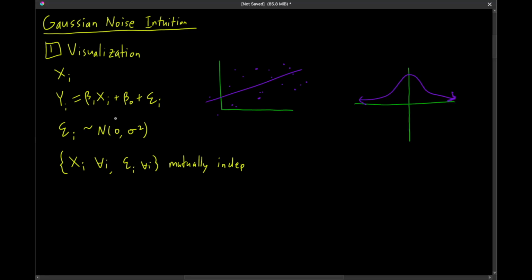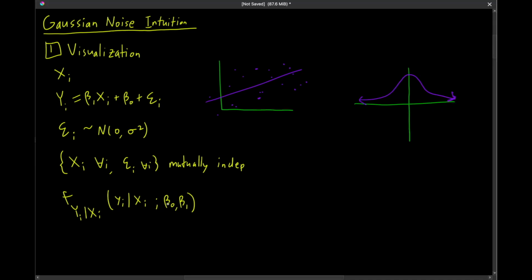Now remember from probability that if you have a random variable and add a constant to it, the distribution gets shifted by that constant. So if we think about the PDF of yi given xi, and let's also say that we are given the betas. This is the setup we had in the previous video. We got to a point in the MLE where we wrote it in this form.